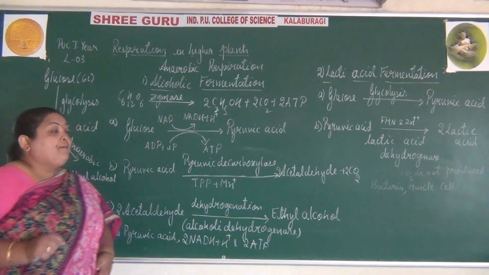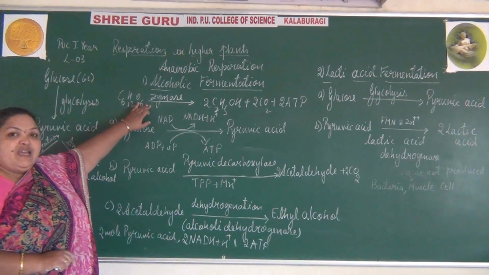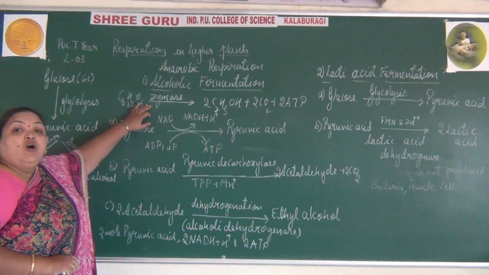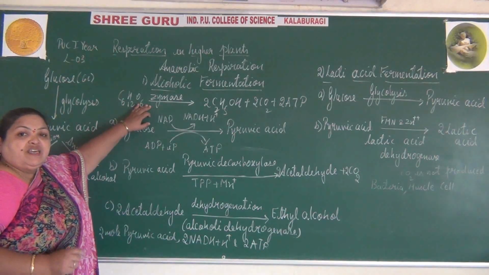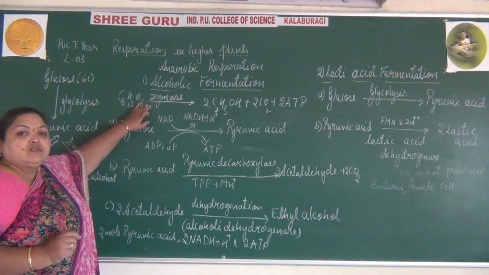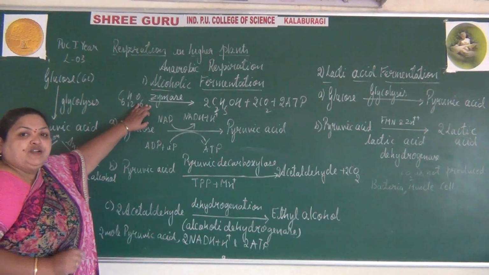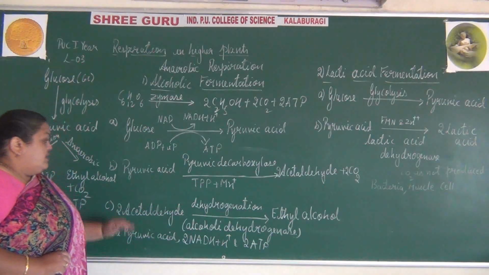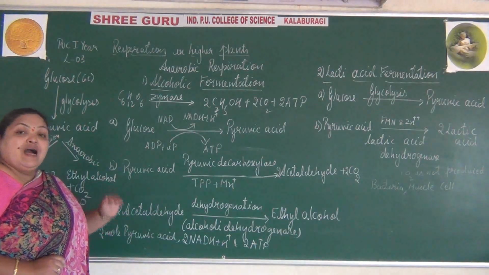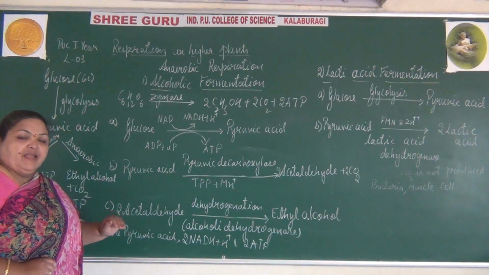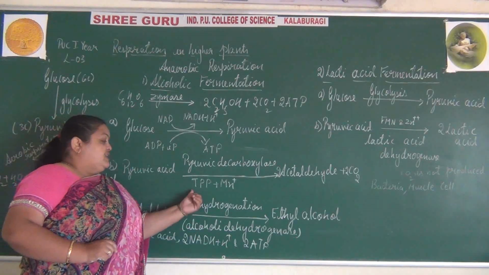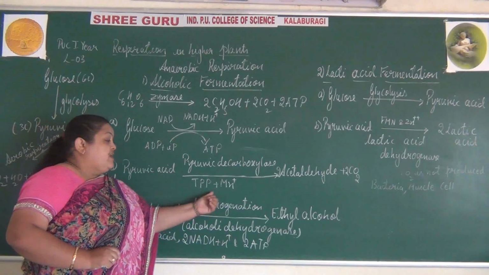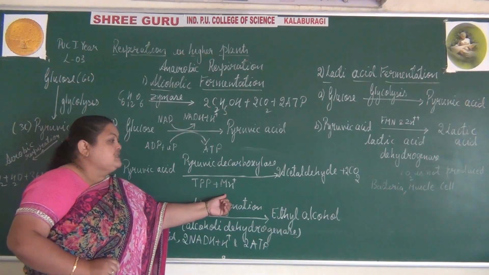Apart from these enzymes, the enzyme zymase catalyzes the overall reaction in the cytoplasm of yeast cells, and the reactions are also supported by other chemicals like TPP, thiamine pyrophosphate, with the help of the manganese ion.